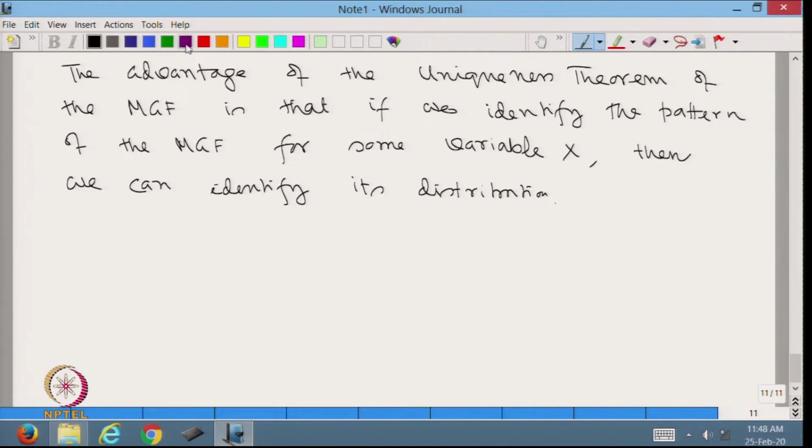For example, suppose x is binomial n comma p, therefore, MGF of x at t is equal to (q plus p e to the power t) whole to the power n.